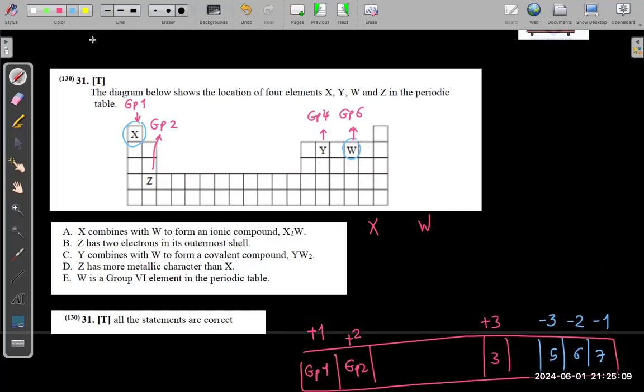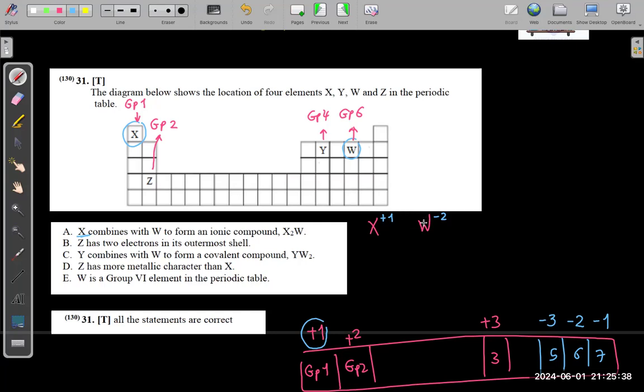So this is plus 1, plus 2, plus 3, minus 3, minus 2, minus 1. Okay, I have X. X is in group 1, so the number with group 1 is plus 1. What about W? Group 6, so it will become minus 2. Then what do I do with the numbers? If the numbers are the same, I cancel them out.